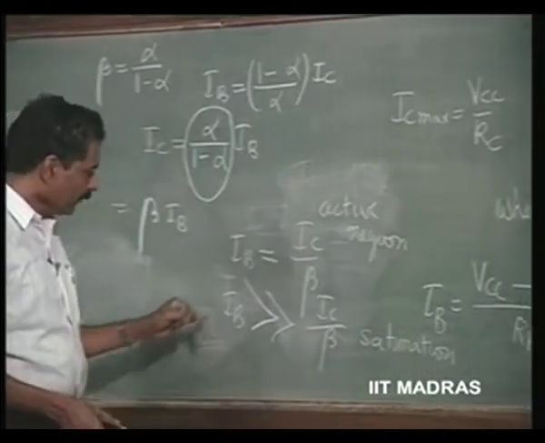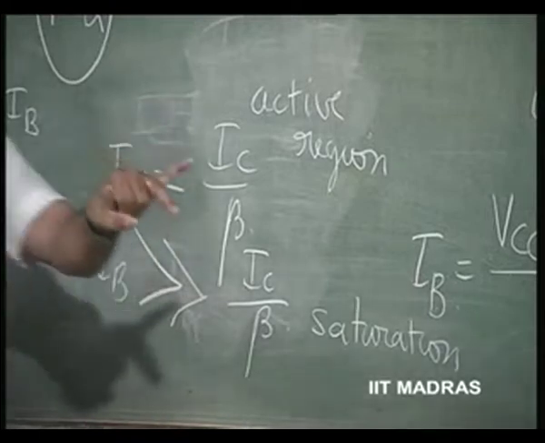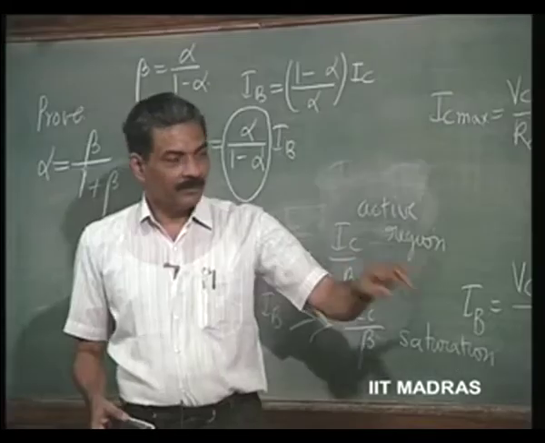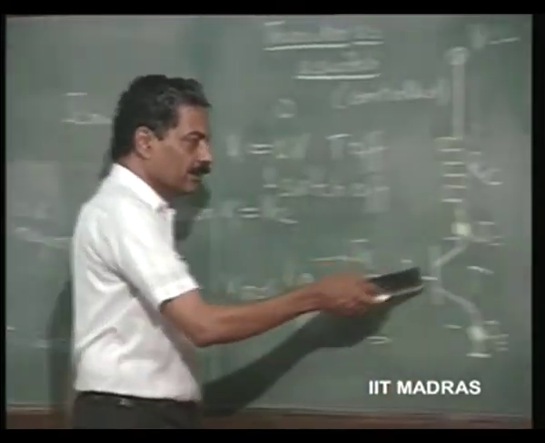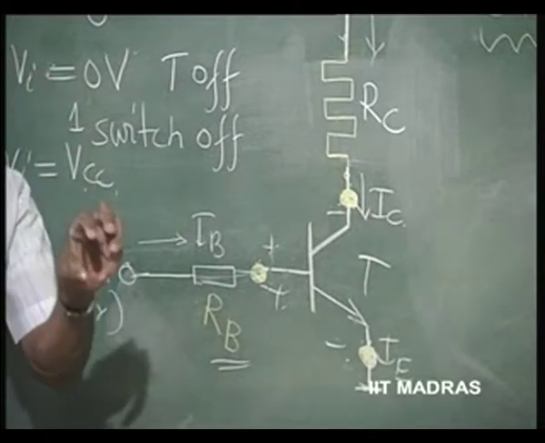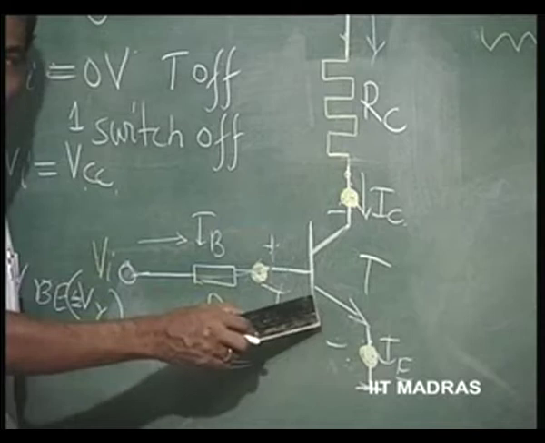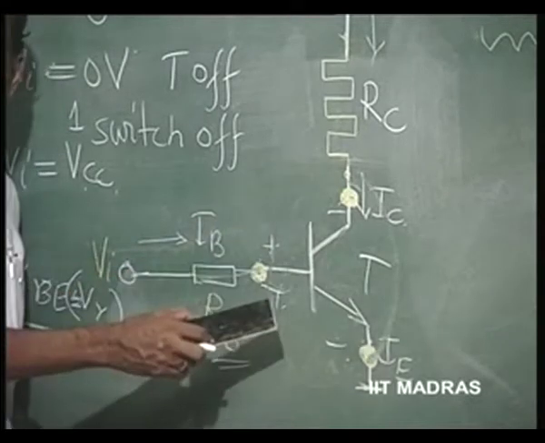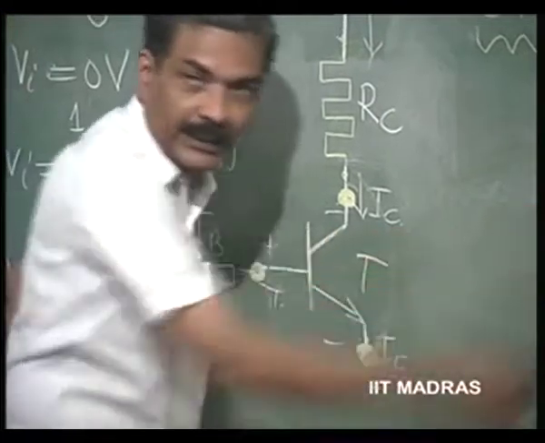So, we are using this information in order to force the transistor to saturation. If both the junctions are forward biased, then the whole transistor can be replaced by a single node, because this is a short circuit, this is a short circuit, the entire thing is nearly equivalent to a short circuit. That is what a switch should be, right.